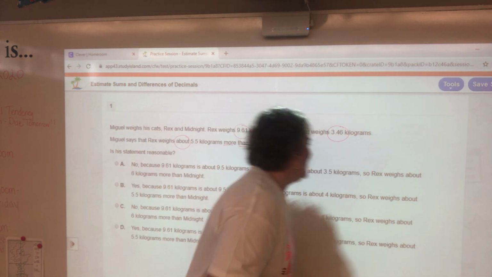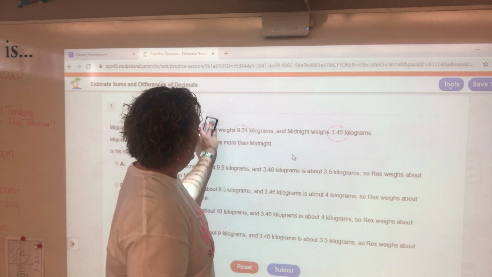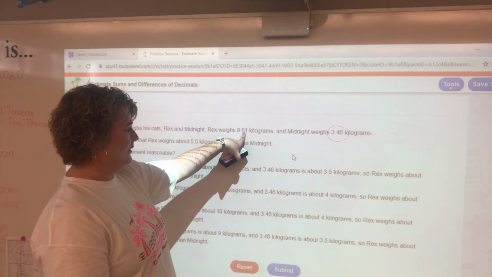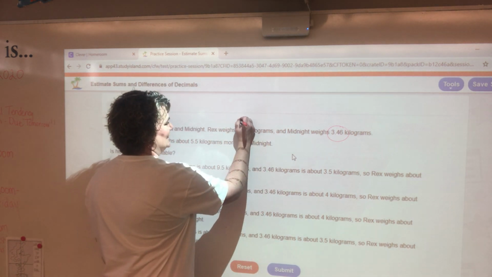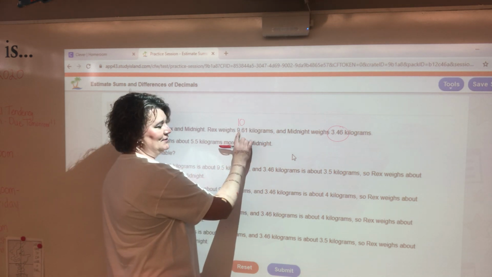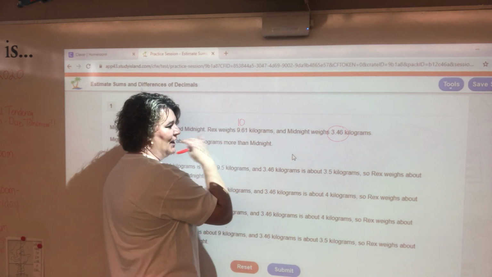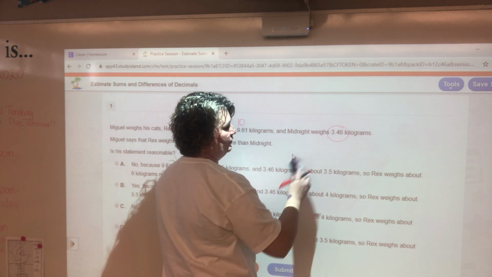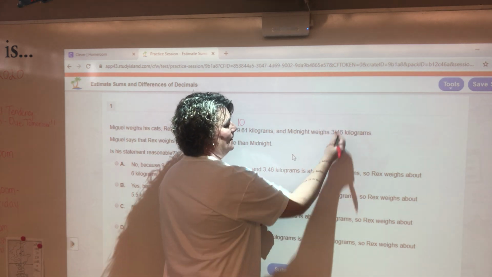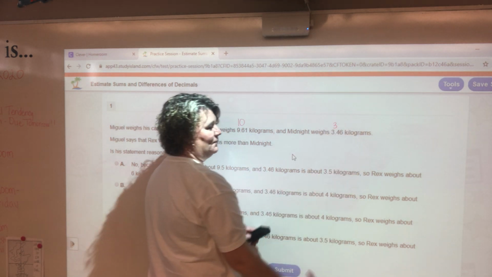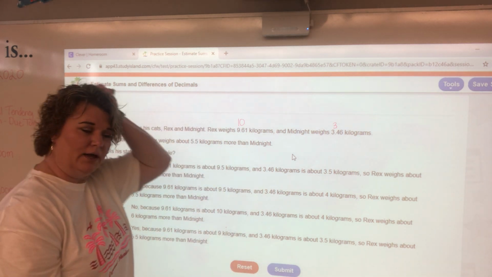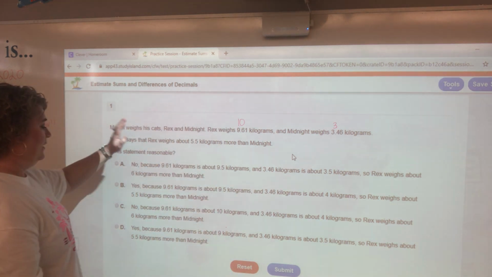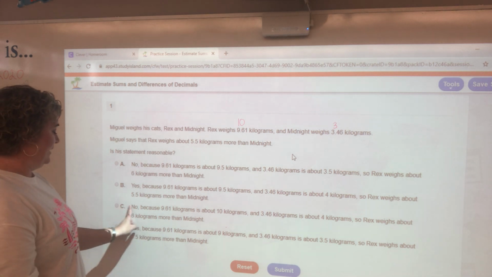So right off the bat, I'm thinking that I want to round 9.61 to 10 because that's like $9.61. And I'm thinking that I want to round $3.46 back to 3 because it didn't make it to the halfway mark, okay? So that means I think I'm going to skip down to C.